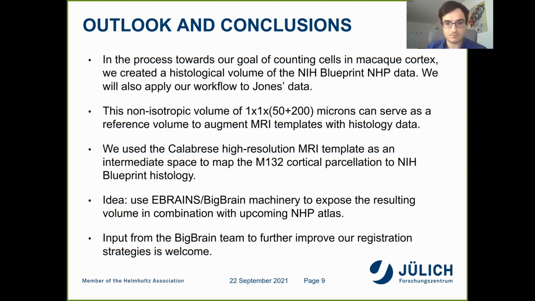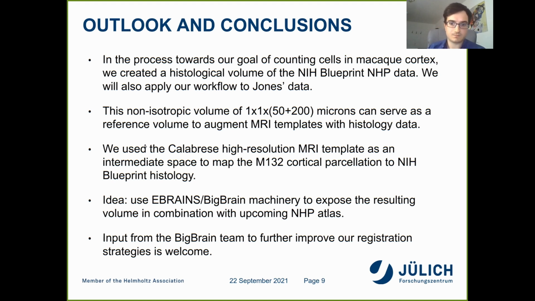So the idea is to use this in the eBrains and BigBrain machinery to expose this volume to people who want to do some analysis on it, because we're also working at the same time on a new non-human primate atlas to contribute to eBrains, and this could be a nice joint project.